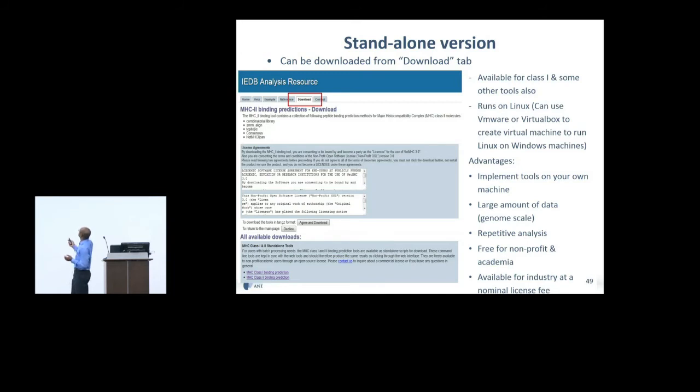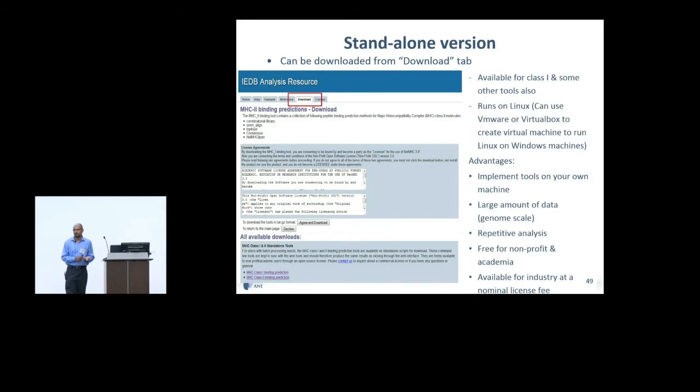It is available for class 1, class 2 and some other processing tools; we are currently implementing more tools as standalone tools. The standalone version runs only on Linux as of now. We don't have a Windows version.